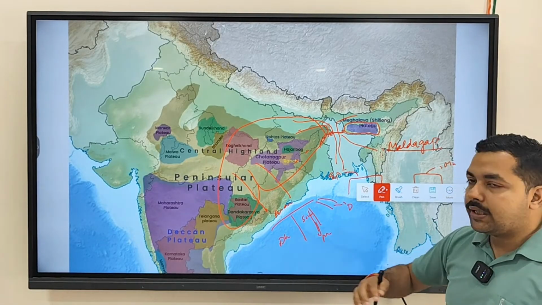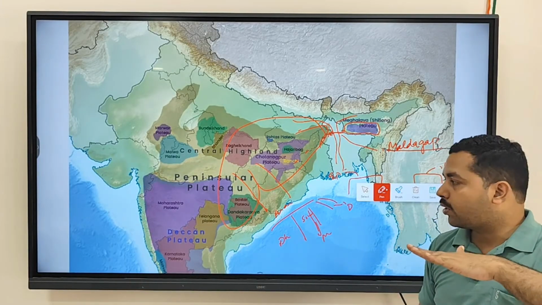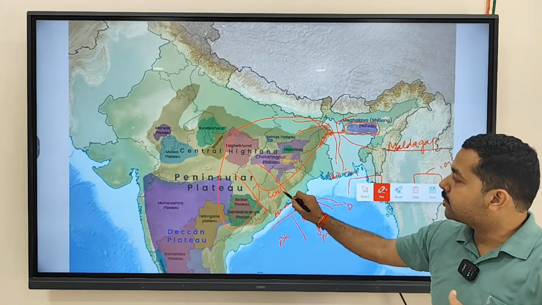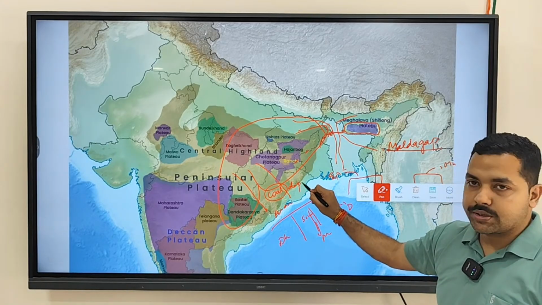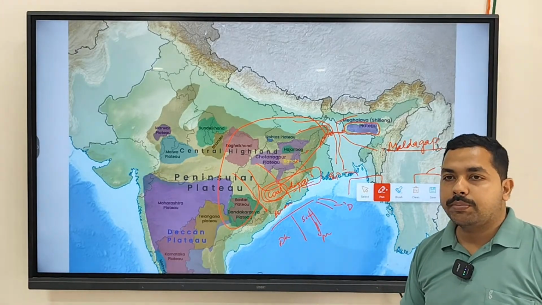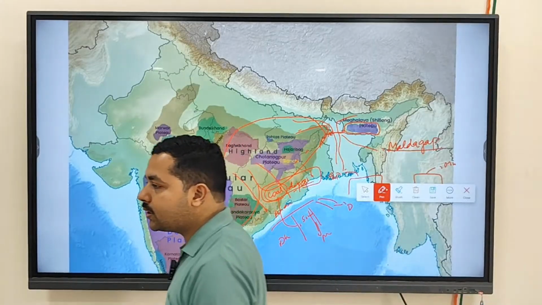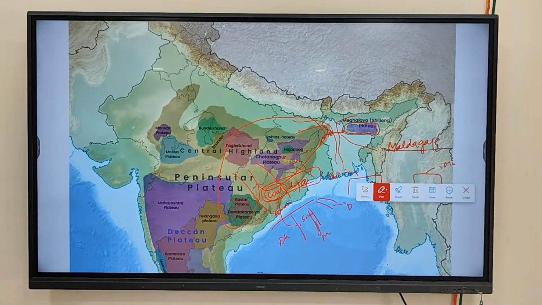This leads to submergence of all vegetation. When submergence of all vegetation happens, it is rich in which type of deposit? Coal deposit. So the Mahanadi basin is very rich in coal deposit, because it is formed due to rifting. Rifting led to submergence of plants and animals.